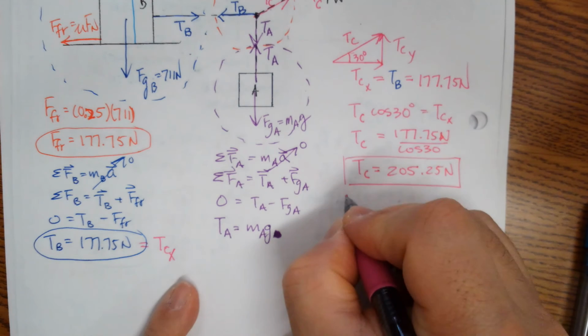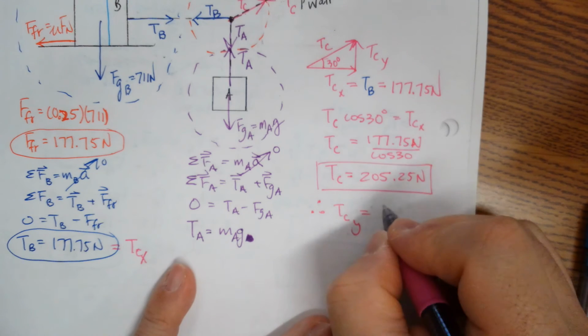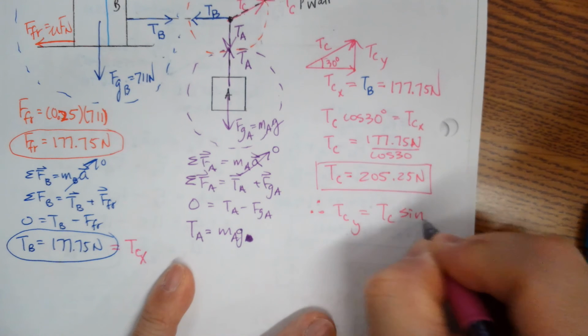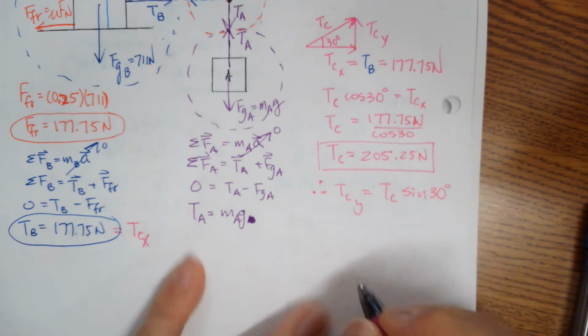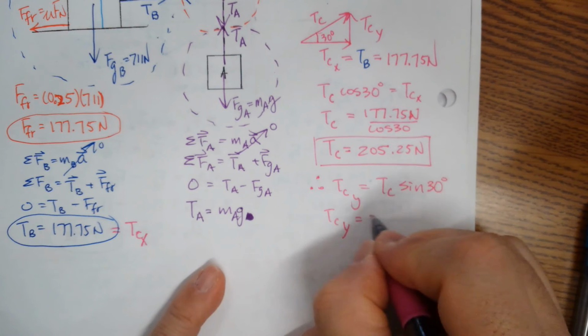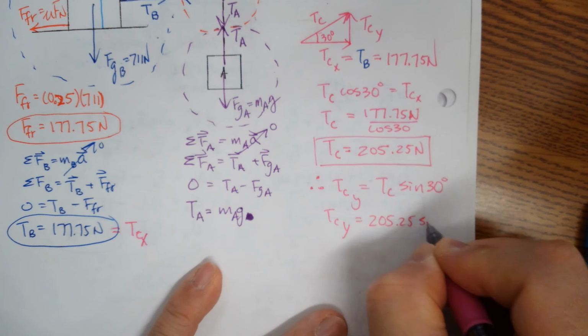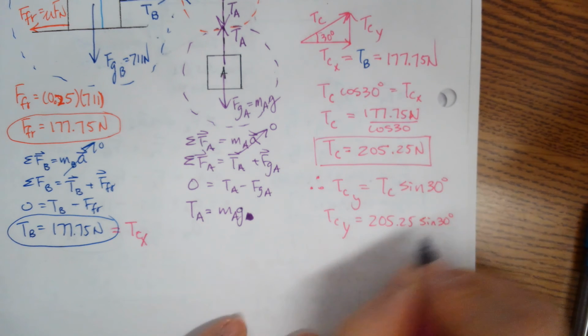Therefore, TCY is equal to TC sine of 30 degrees. So my TCY is equal to 205.25 times sine of 30, which is half of that.